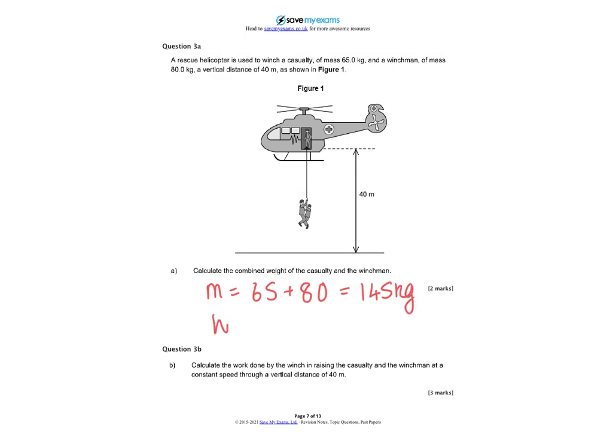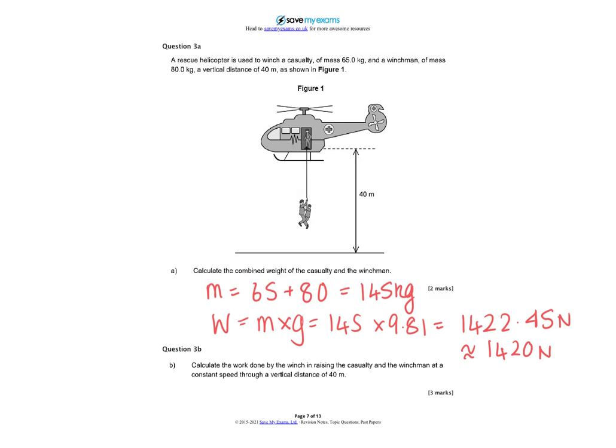Then to work out its weight, we're going to do mass times gravity. So we'll take that 145 kilograms, times it by 9.81, and you should get 1,422.45 newtons. So roughly 1,420 newtons.